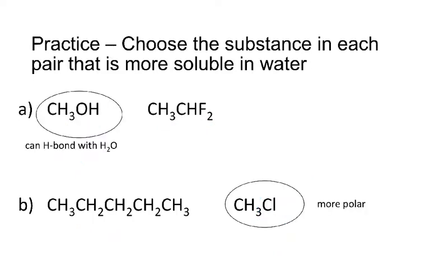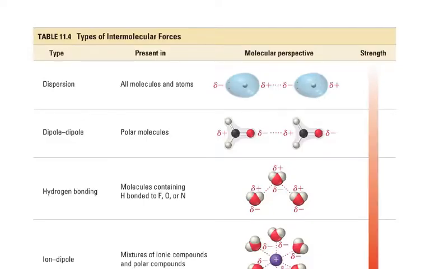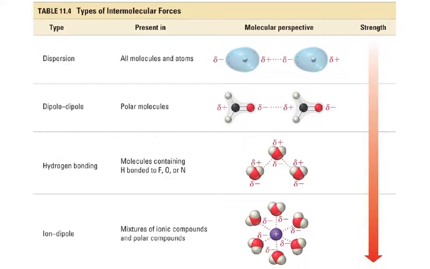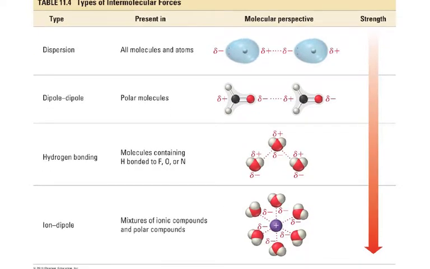So here's just a summary table showing the different kinds of intermolecular forces, from dispersion to dipole-dipole to hydrogen bonding, and then ion-dipole, where you're mixing ionic compounds and polar compounds.